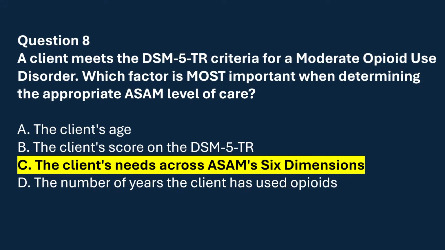A is incorrect because age alone does not determine the appropriate level of care. B is incorrect because the DSM-5 establishes the diagnosis and severity but does not determine treatment placement. And D is incorrect because the length of substance use may provide helpful clinical information, but it is not the primary factor used to determine ASAM placement.